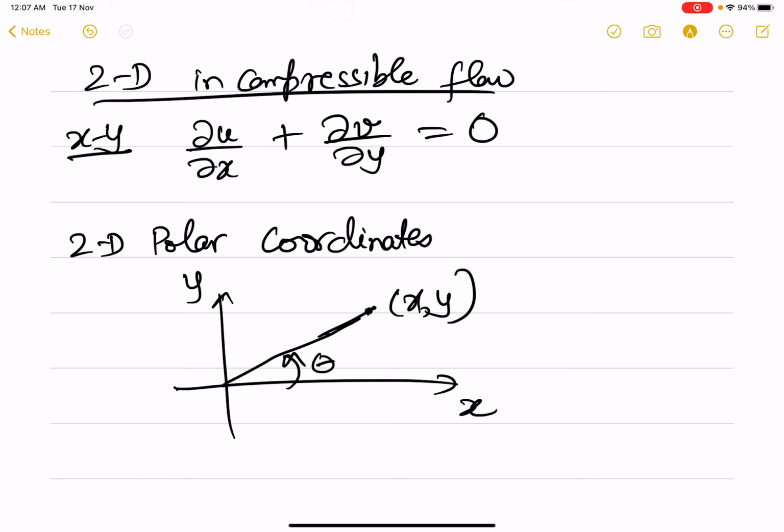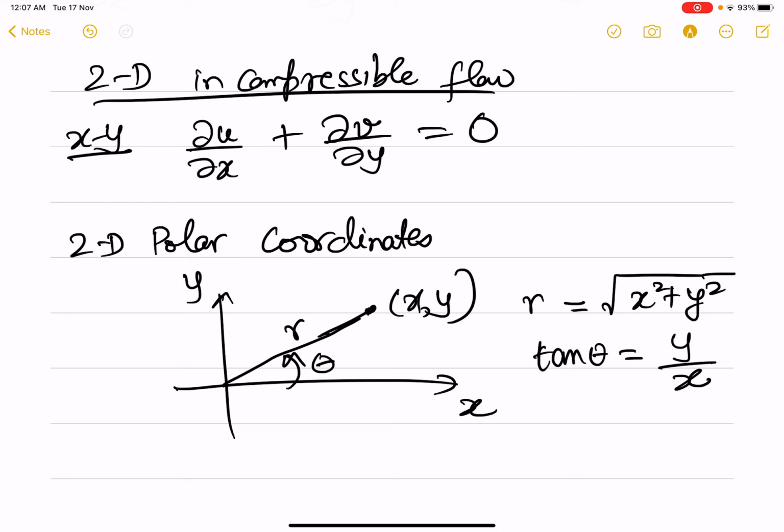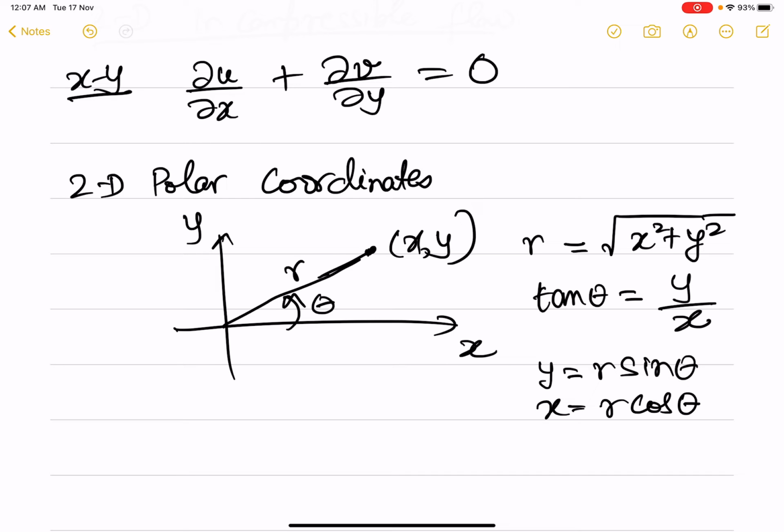If the angle which this position vector makes with the x-axis is theta and this distance is r, then r is equal to the square root of x square plus y square, and tangent theta is equal to y by x. y is equal to r sine theta and x is equal to r cos theta. So this is how x, y are related to r and theta.